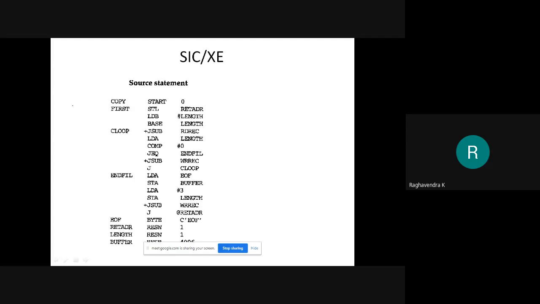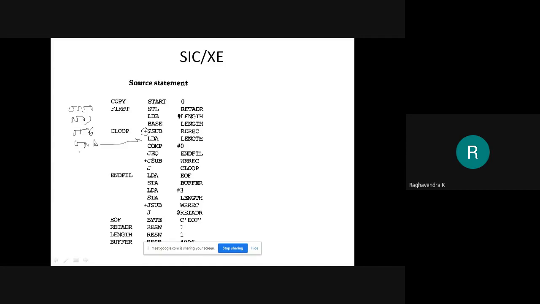As I said, you need not worry about the opcode because the opcode value will be given. All you need to identify is whether it's a format 1, 2, 3, or 4. We started with 0000, 0003. This is 0006. At 6 we have a plus, which means it's an extended format instruction, so we add 4 to this.